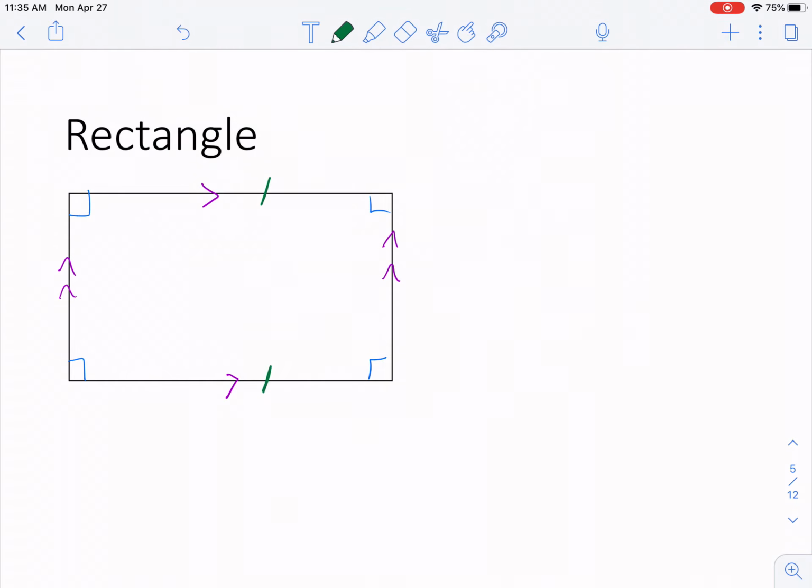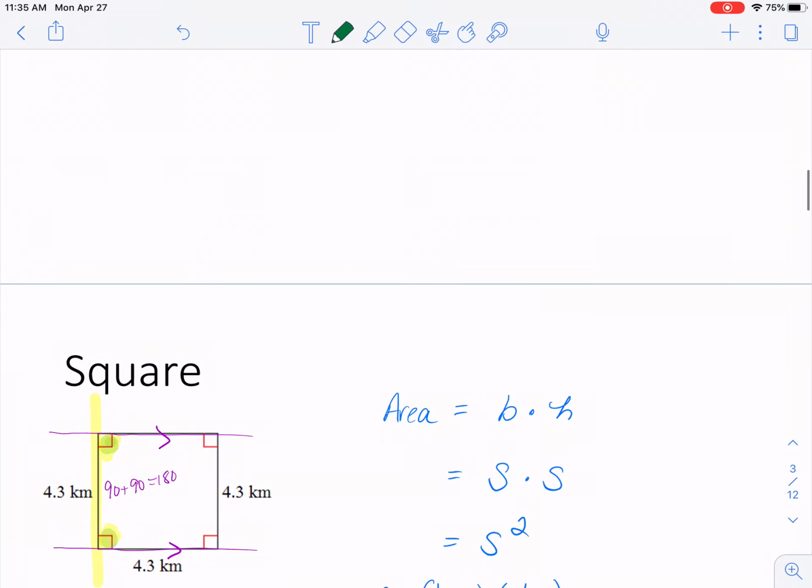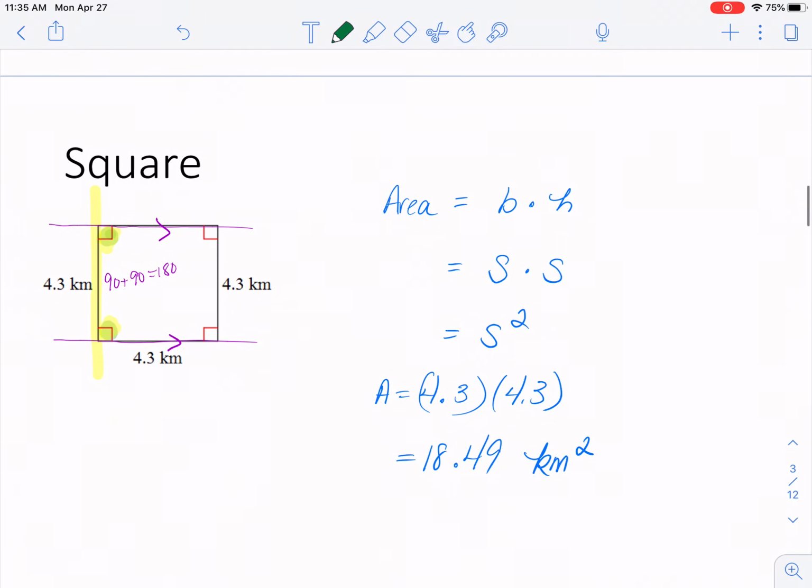Opposite sides are congruent to each other, but not all 4 sides are necessarily congruent to each other. So the opposite pairs can be congruent, but not necessarily all 4 sides are the same. All 4 sides being the same means that we have a square.